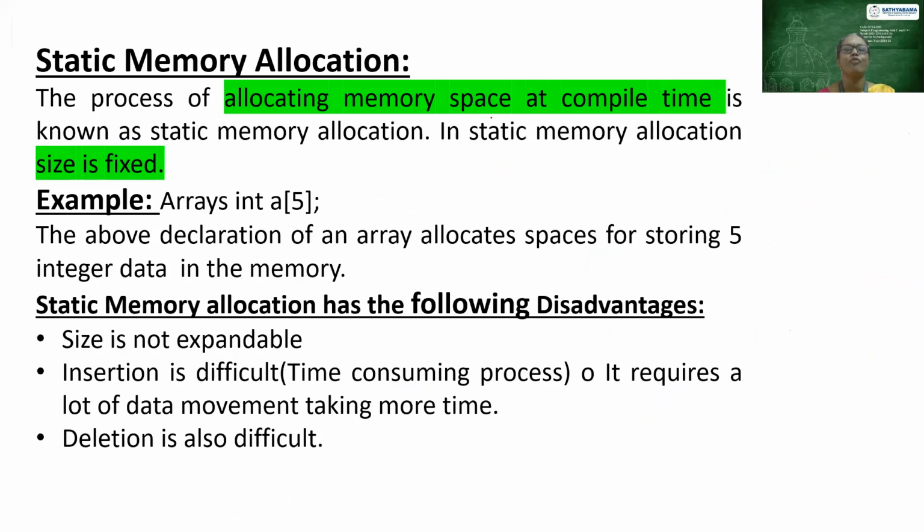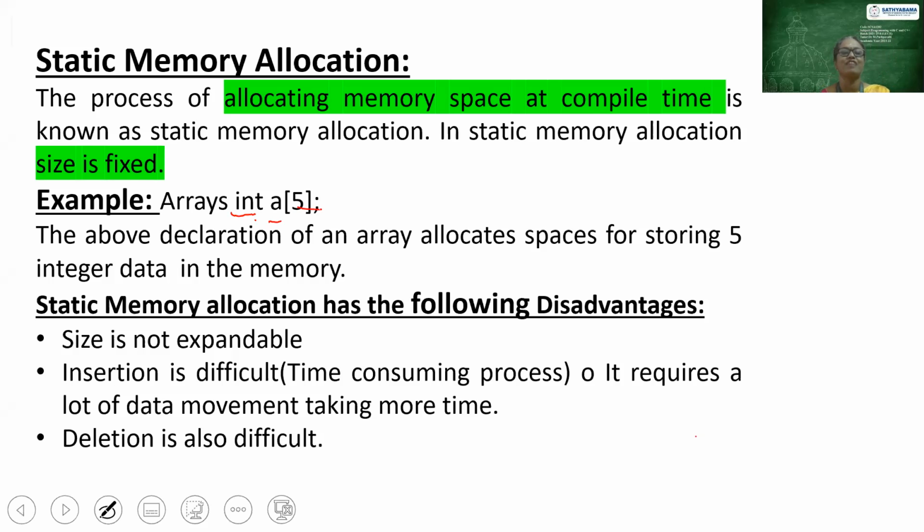So we will see what static memory allocation is. The process of allocating memory space at compile time is known as static memory allocation. Static memory allocation is fixed. That's why they have given the example: an integer array A of size 5.